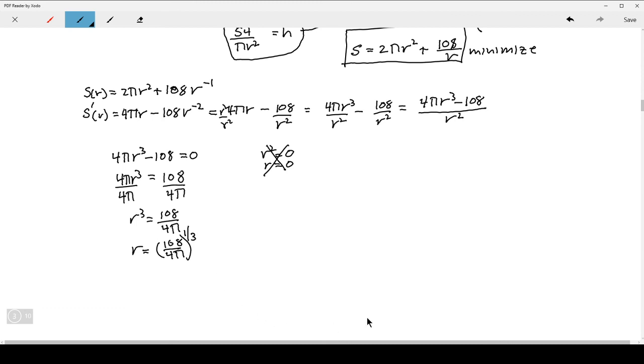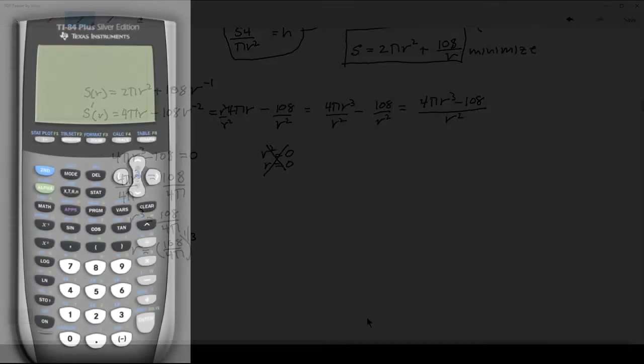So I need my calculator. I need to do 108 divided by, now I have to be careful here, make sure you put all the parentheses in the right place if you have to do that.